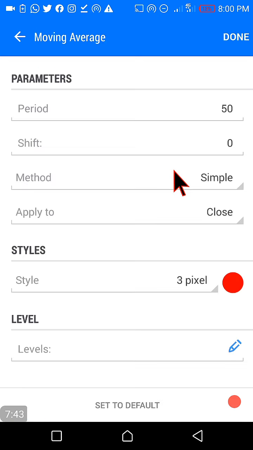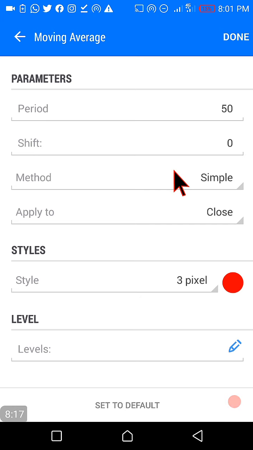So this one is moving average period 50, shift 0, method simple, apply to close. Now, apply to close means that on a typical candlestick, the area called close is the area that this moving average is going to apply the period to.